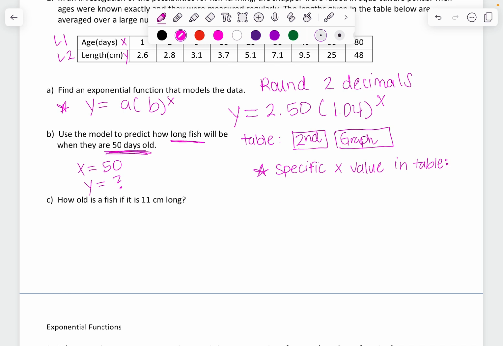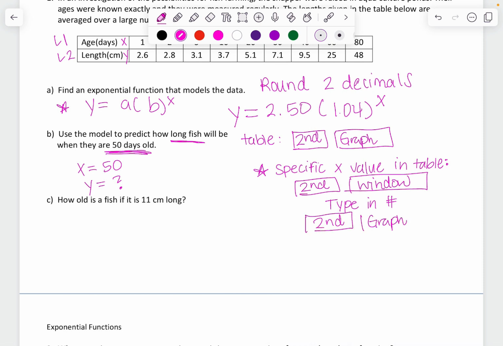You're going to hit second, and then window. Then type in the x value that you need, and then hit second, graph again, and go to your table. So this takes you to your table, right?